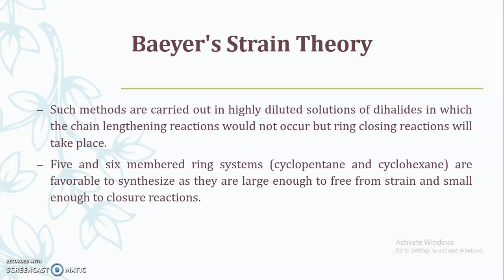5 and 6 membered ring systems, that is cyclopentane and cyclohexane, are favorable to synthesize as they are large enough to be free from strain and small enough for the ring closure reaction. So in concentrated solution we can synthesize cyclopentane and cyclohexane, but if we want to synthesize the higher molecules, then we have to use very highly diluted solutions, because cyclopentane and cyclohexane are neither too large nor too small.